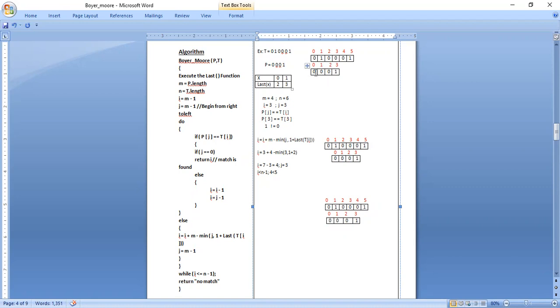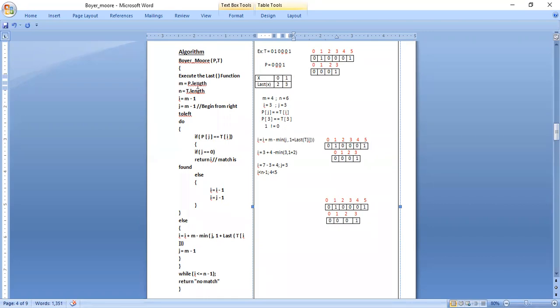You can see in the second table, 0 is at index 0, then index 1, and index 2. So the last occurrence of 0 in my pattern is 2. So last of 0 is 2. And 1 occurs last in my pattern at position 3. So I take the value as 3. So we are done with the last function.